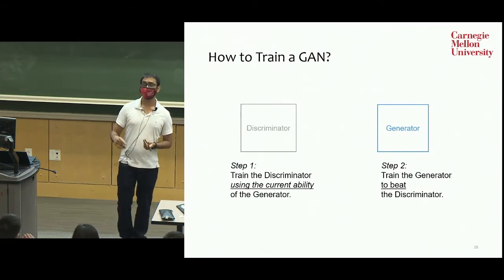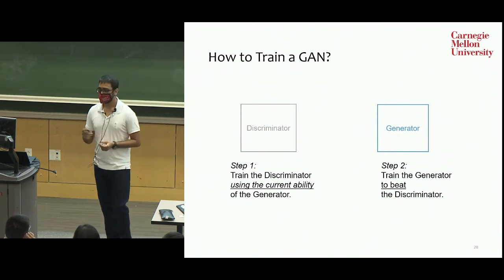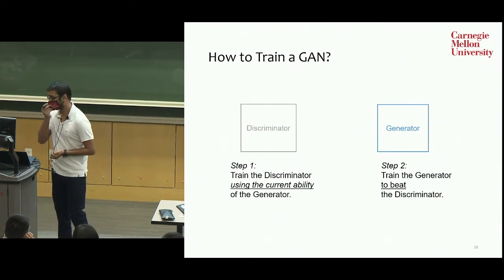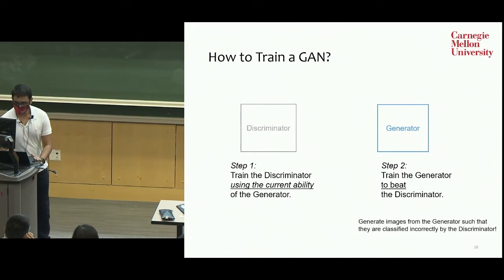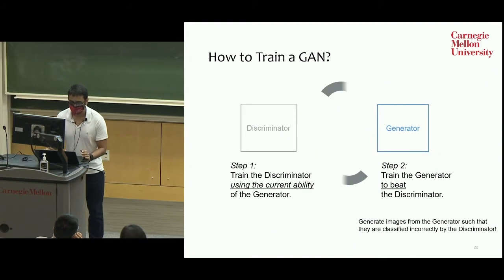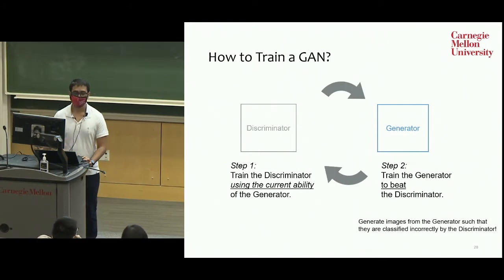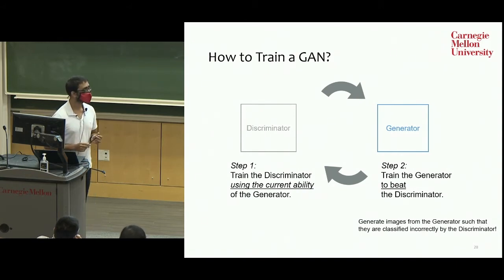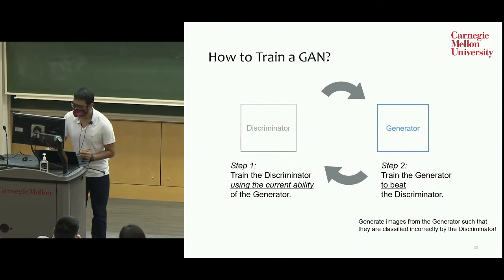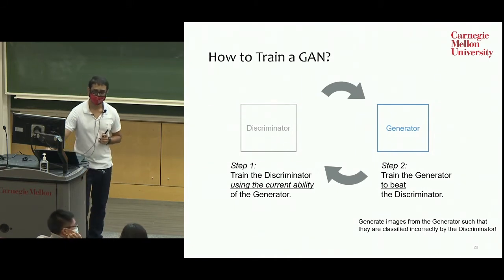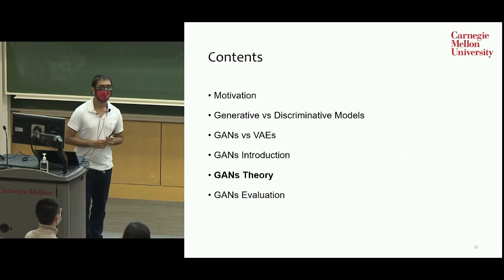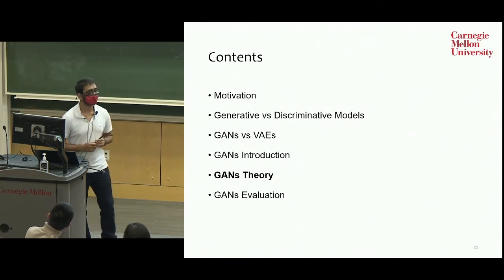And this is actually a problem which you'll see in the next lecture. And this is how the training loop recursively trains the generator and the discriminator, and that's it. So now we'll go to the theory part, which Z will cover.